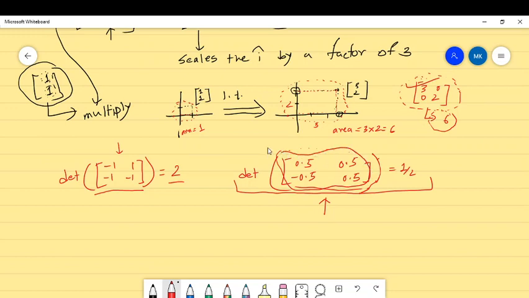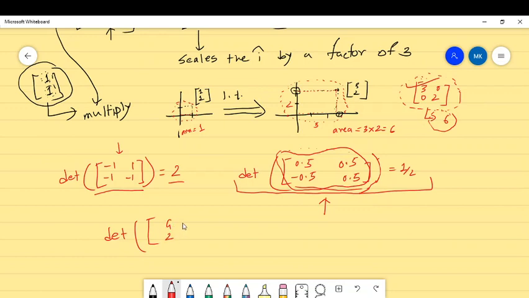This is the idea of the determinant. Now there are two exceptional cases where the determinant can be 0 and where it can be a negative number, right? So what do you mean by a determinant being 0?